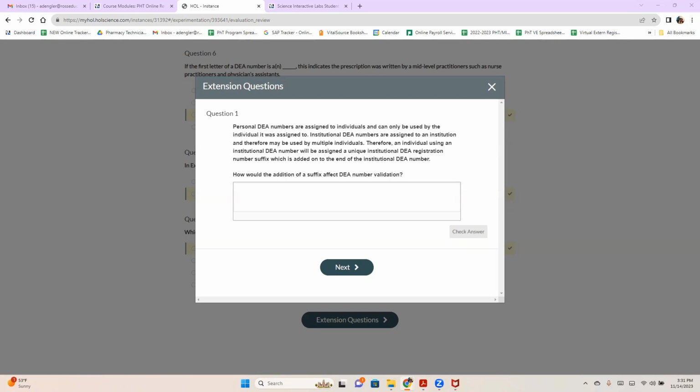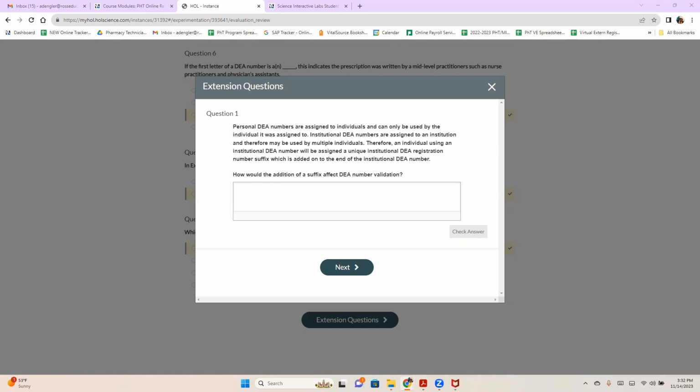All right. For the extension question, personal DEA numbers are assigned to individuals and can only be used by the individual it was assigned to. Institutional DEA numbers are assigned to an institution and therefore may be used by multiple individuals. Therefore, an individual using an institutional DEA number will be assigned a unique institutional DEA registration number suffix, which is added onto the end of the institutional DEA number.